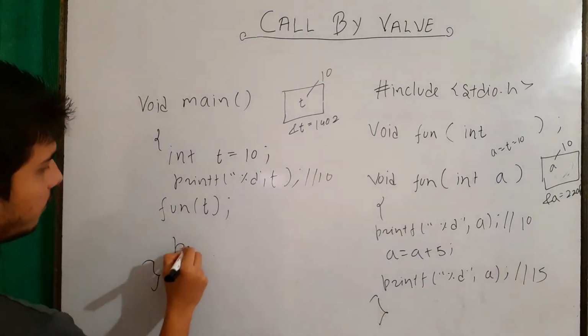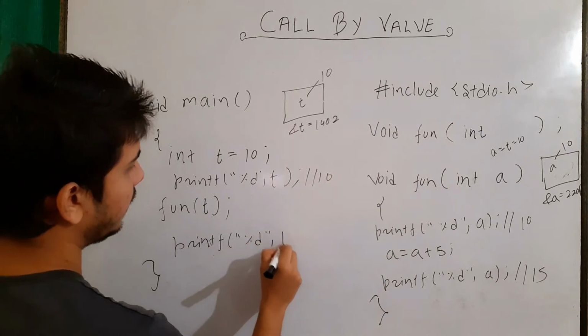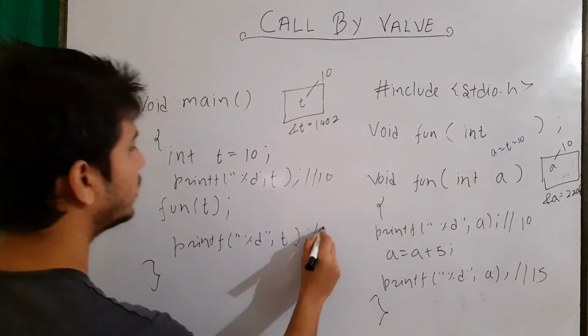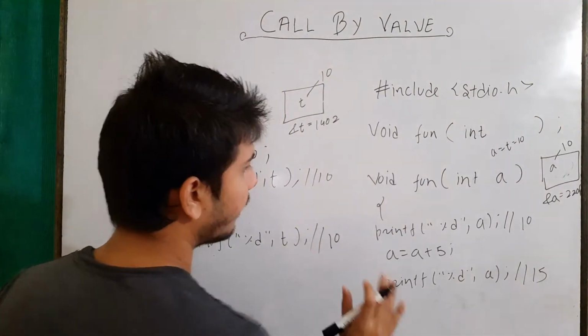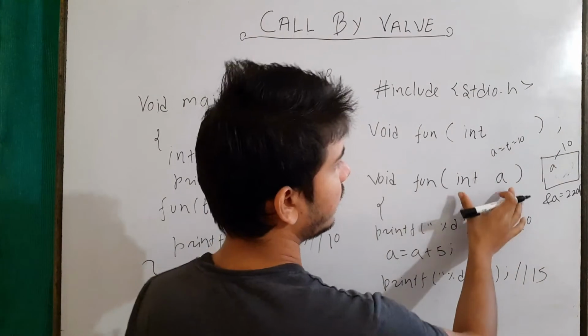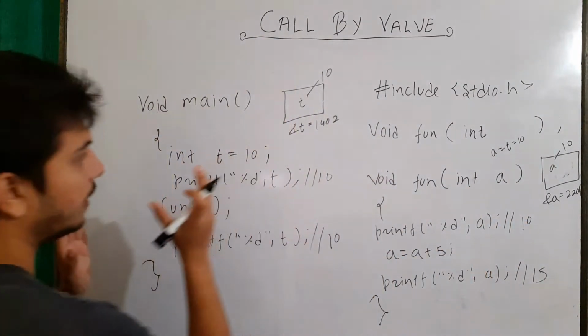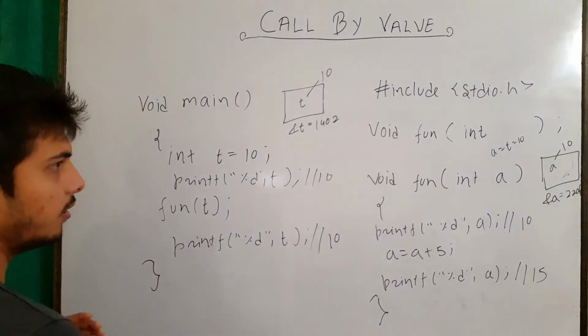After the calling of the function, if I write here printf of %d t, now what will be the output it should give me? It will give me the output as 10, not 15. Now the point here is that whatever changes I am making in the parameters will not be reflected back to our arguments. These are the parameters, these are the arguments.